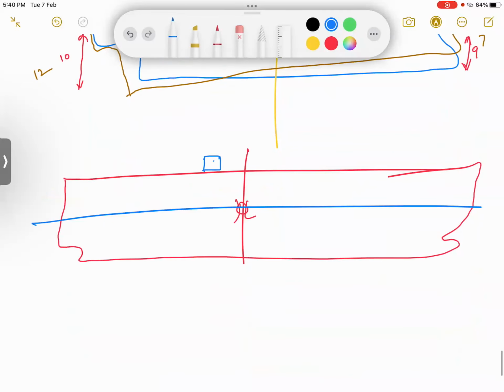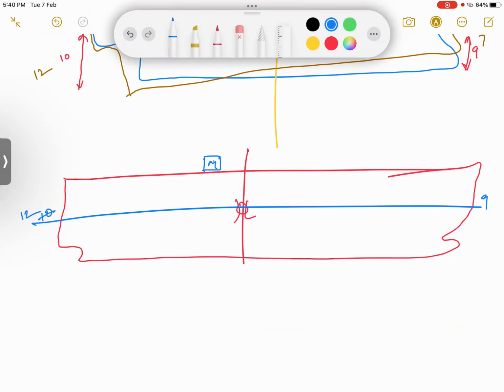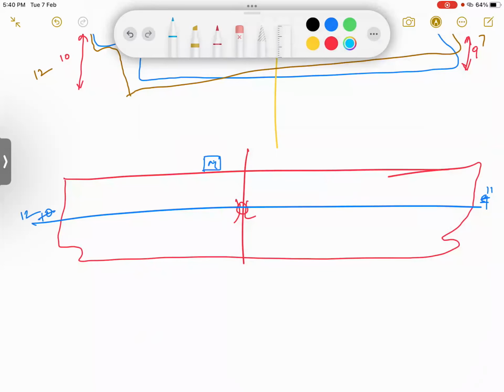Your draft was, let's say, 10 meters here and 9 meters here. Let's say I put the mass here. The vessel will not trim, but it will increase the complete draft. Let's say the 10 will become 12 and 9 will become 11. No change in trim, but the new draft is coming. Your draft will change completely, because mass has been added.